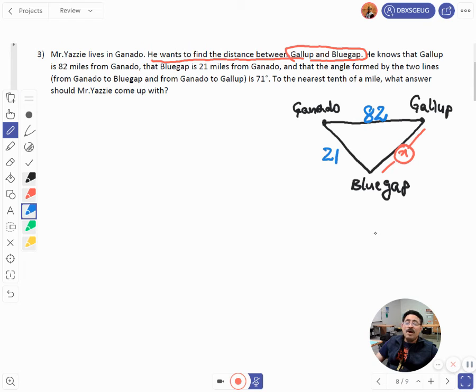And that the angle formed by the two lines from Ganado to Blue Gap and Ganado to Gallup. See, Ganado to Blue Gap is this one, and Ganado to Gallup is this one, is 71 degrees.